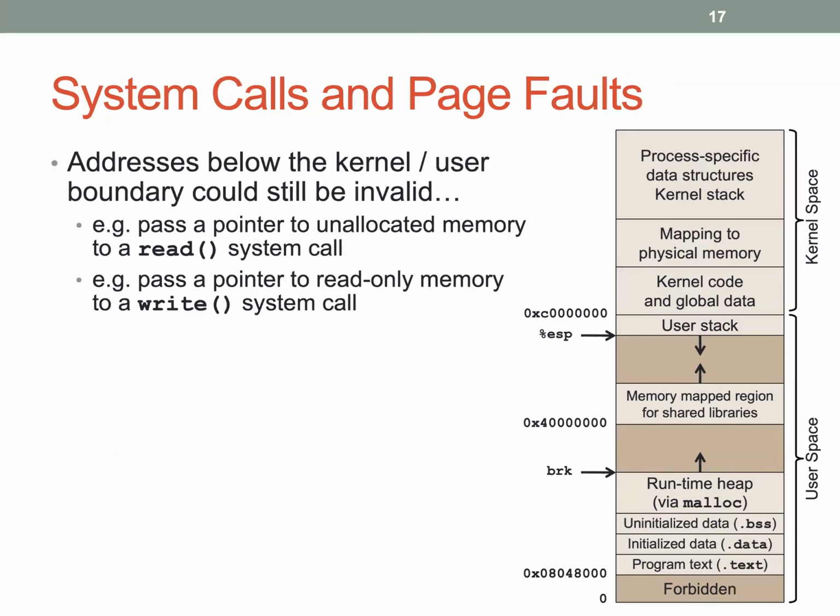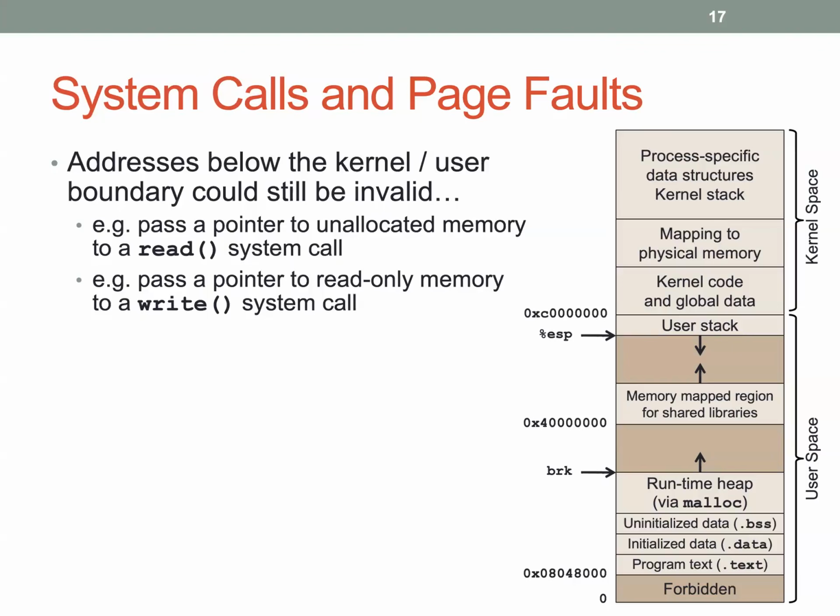So as it says here, addresses below the kernel user boundary could still be invalid. I don't know if any of you have dereferenced null lately. I don't know if any of you have tried to use a garbage pointer, or an uninitialized pointer is what I mean by that phrase, and had your program crash. I certainly have.